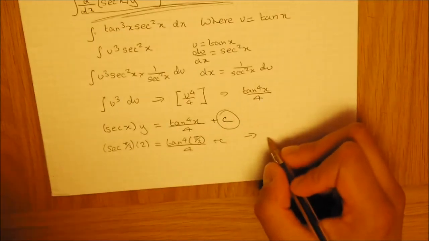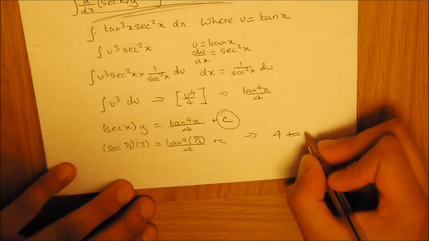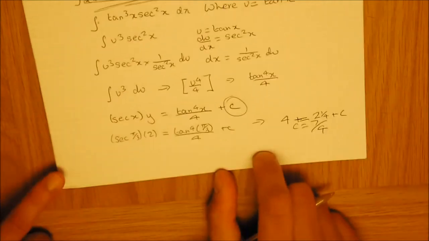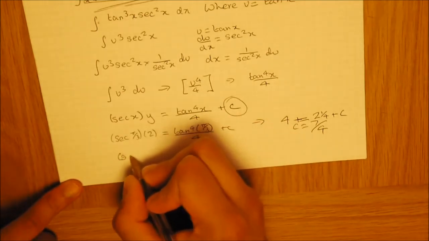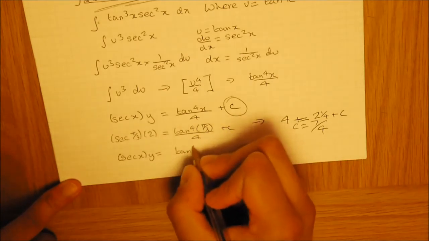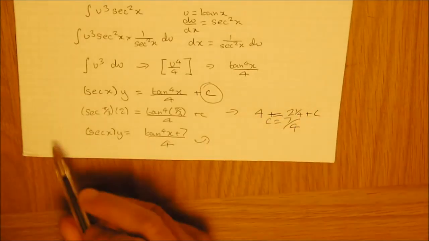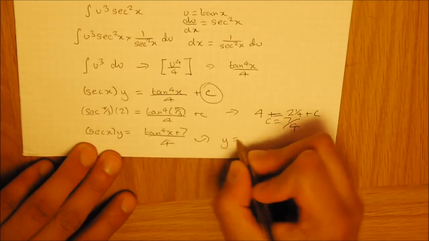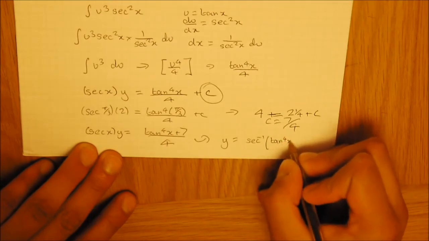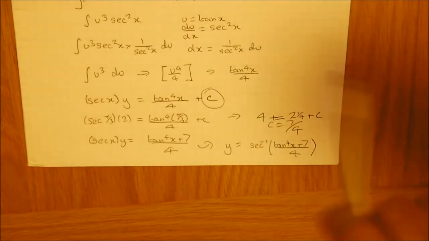Plugging those in gives us 4 equals 2 1/4 plus c. c is equal to 7 over 4, which means we can finish this question as sec x y is equal to tan to the 4 x over 4 plus 7 over 4, and just to be quite nice and rearrange, we can do an inverse sec and do y is equal to sec to the minus 1 of tan to the 4 x over 4 plus 7 over 4.